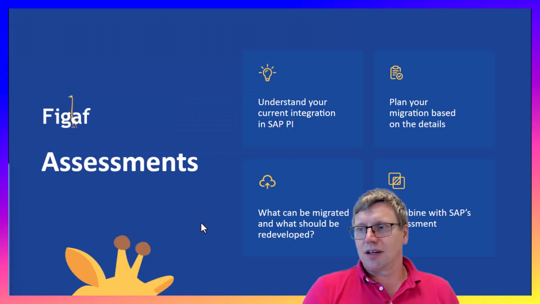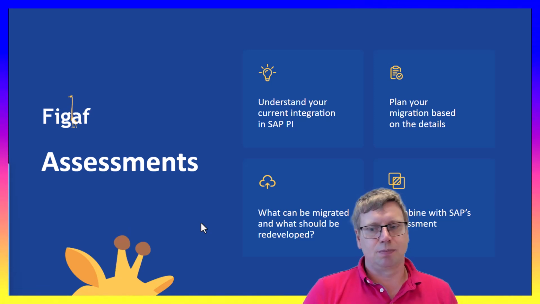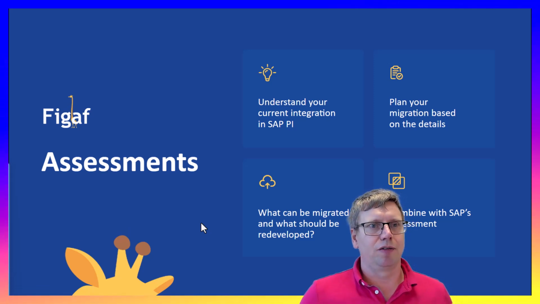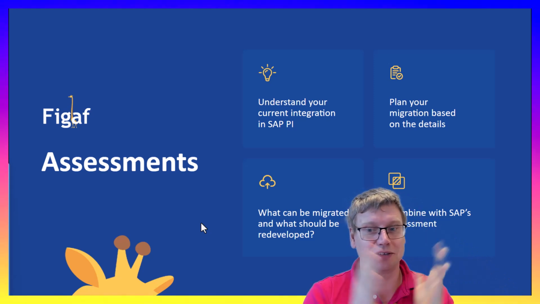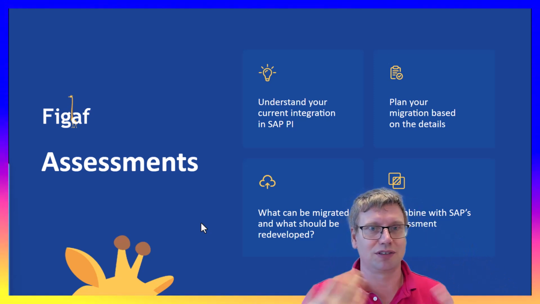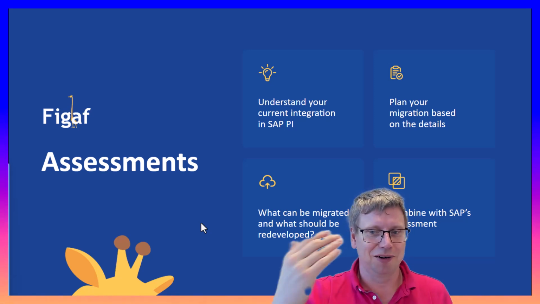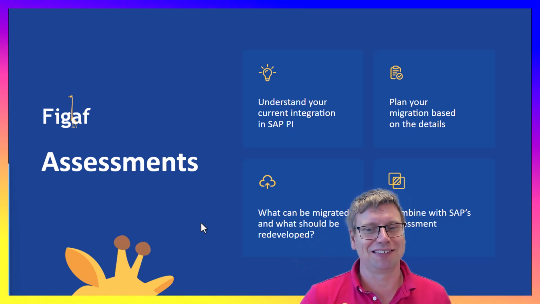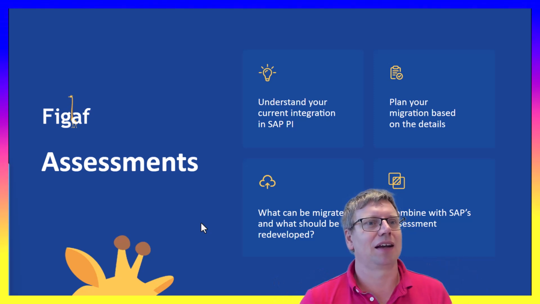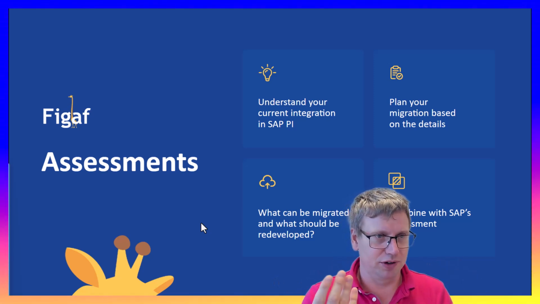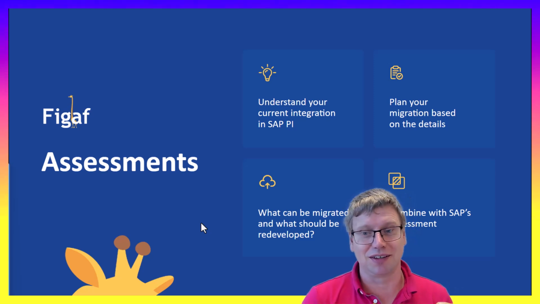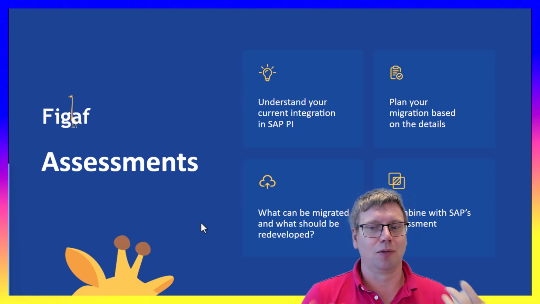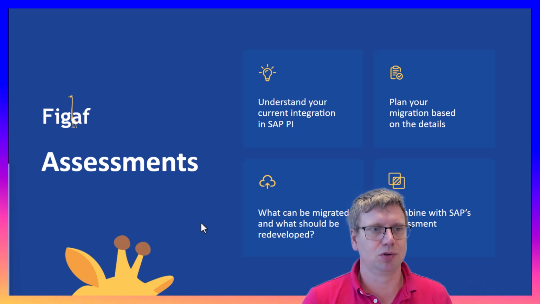The next thing we want to talk about is the assessment. This is our way of creating an assessment, and I guess the history of a lot of this is we started out creating a test tool. Then to understand this, we needed to have a good understanding of what your PI was doing at that point in time.